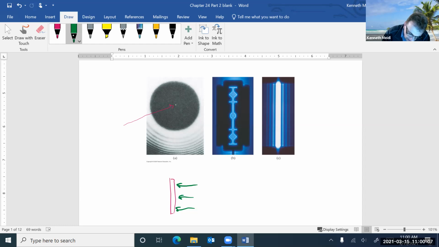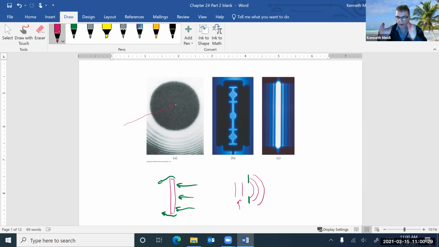But some of the waves hit the edges and they bend around it. And that's the diffraction of light. When you hit some sort of boundary and you are a wave, as the waves come in here and we hit a boundary, right? They start curving here. Whereas they might have been parallel wave fronts before, now they have this more concentric view. And so, this right here is the diffraction of light.